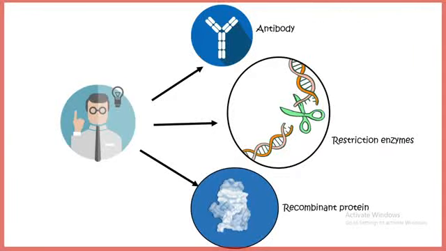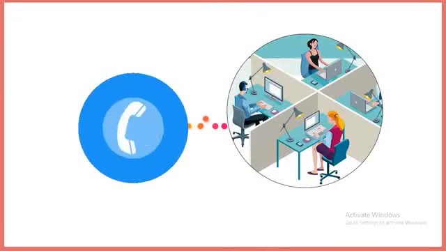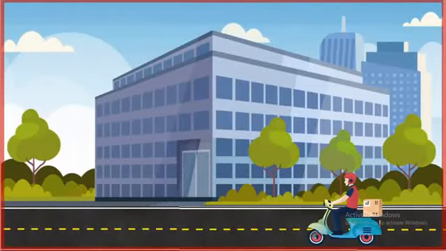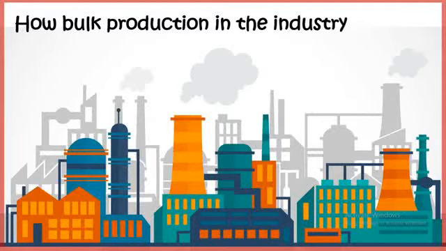And the question is, how do these companies produce these things in bulk? The company would deliver these products to your doorstep and you would start using it. But the question is, how does the bulk preparation take place inside the industry, right? So we are going to talk about that industrial aspect of biological processing.